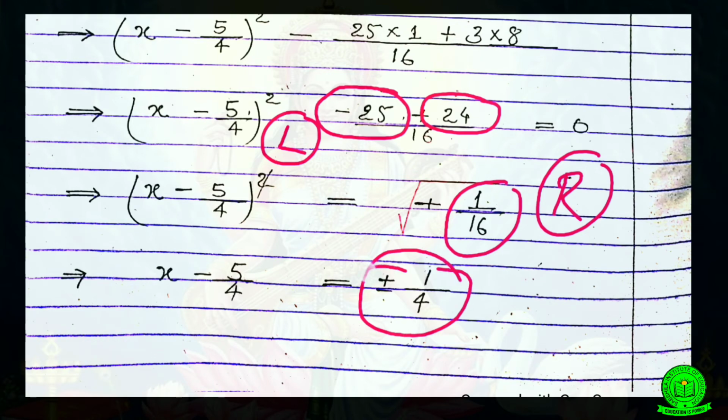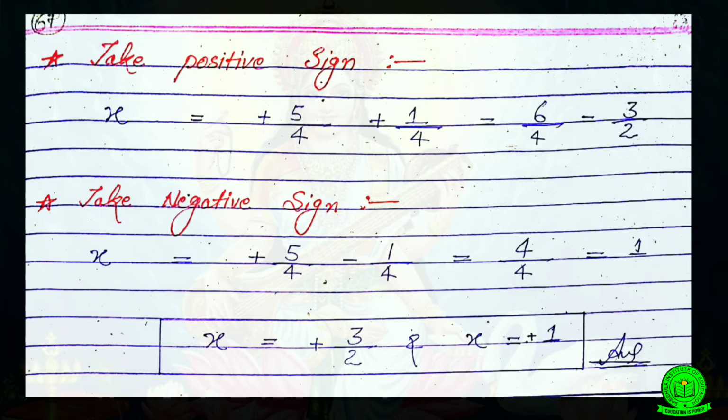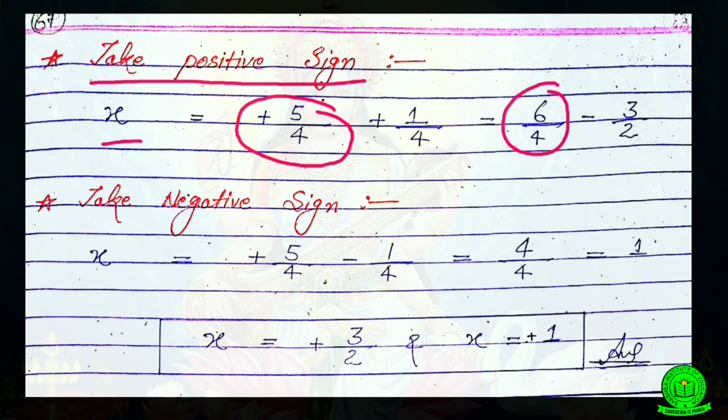I have written here plus and minus, that means if we have any root value, then we write plus and minus sign. Okay, so we take the positive sign first of all, so x is equal to plus 5 by 4 plus 1 by 4. If you solve, you will get 6 by 4, and if you cut, you will get 3 by 2.